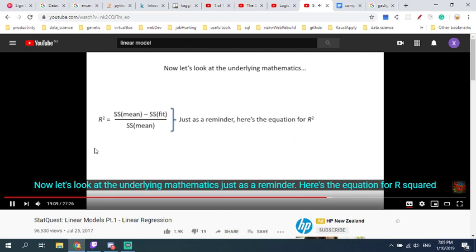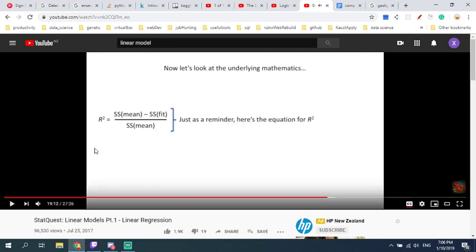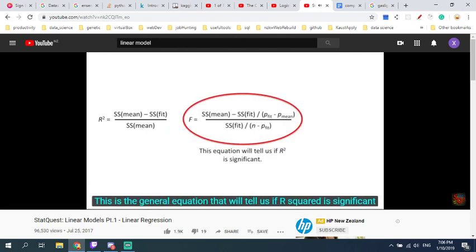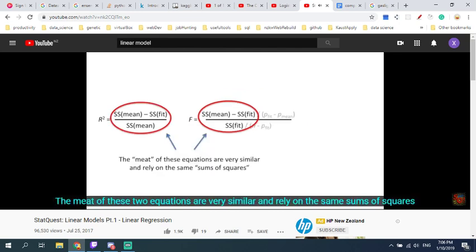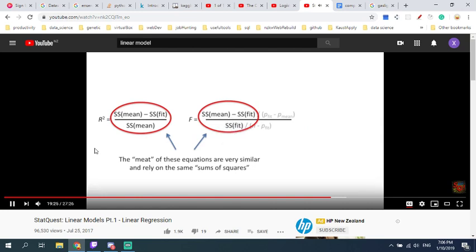Just as a reminder, here's the equation for r squared. This is the general equation that will tell us if r squared is significant. The meat of these two equations are very similar and rely on the same sums of squares.